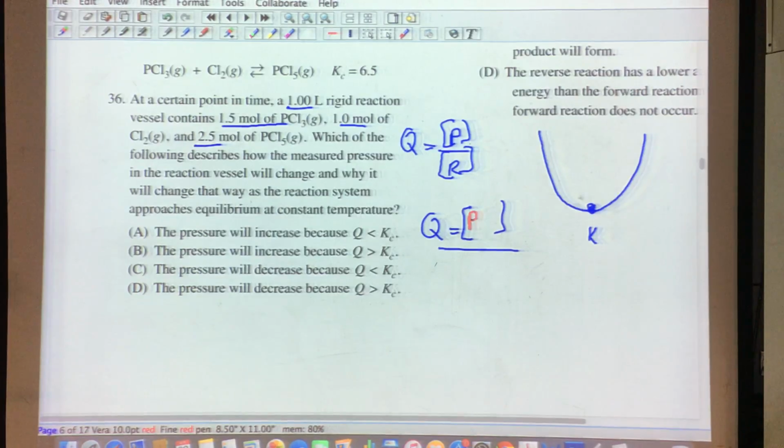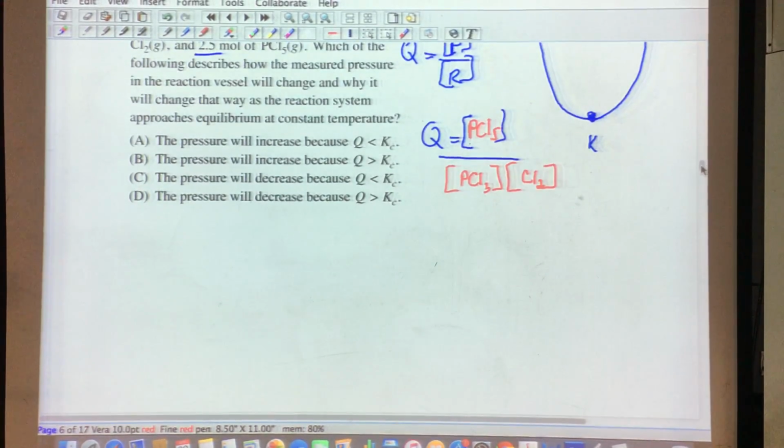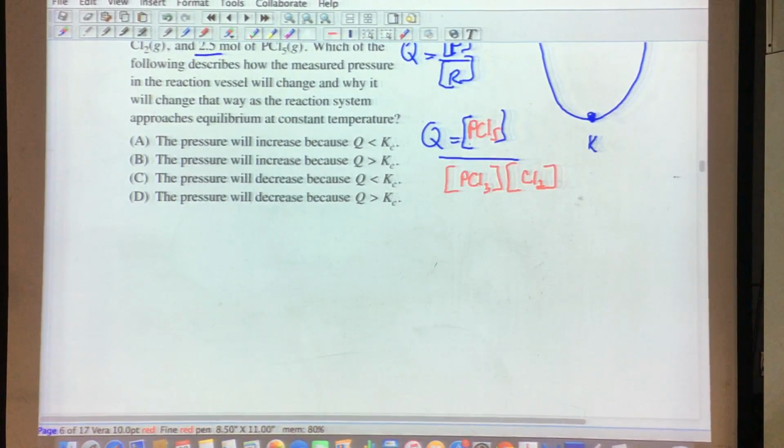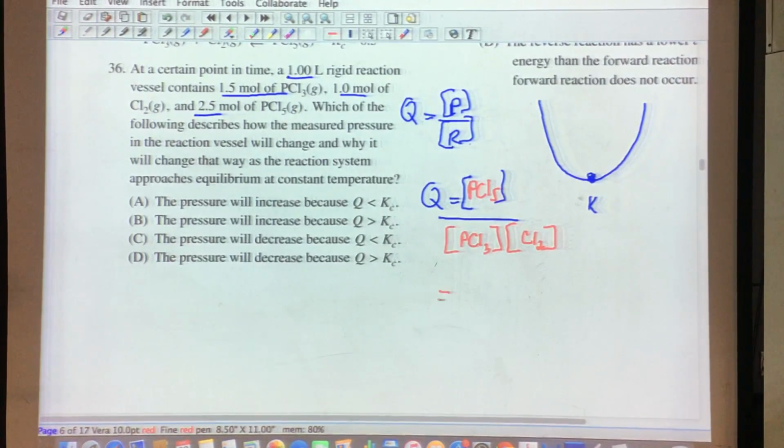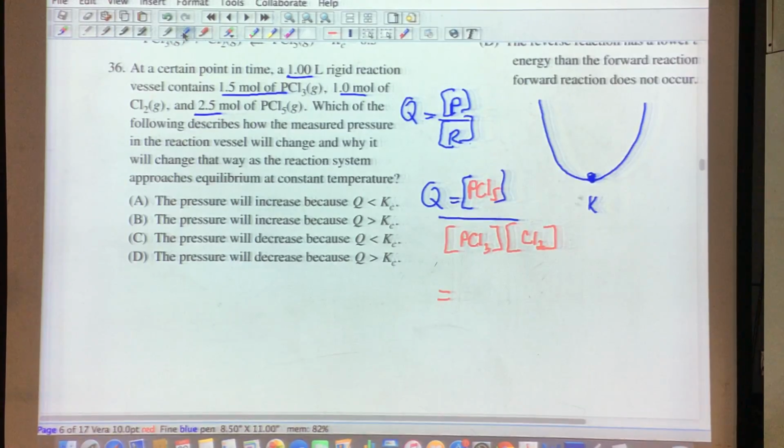This is PCl5 over PCl3 times Cl2. Now that I've slowed myself down, okay, let's put the values in to my Q. So PCl5, where are you, is 2.5 molar.